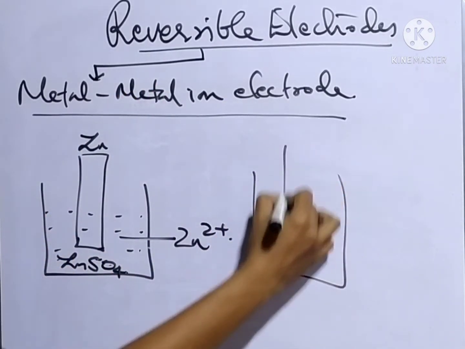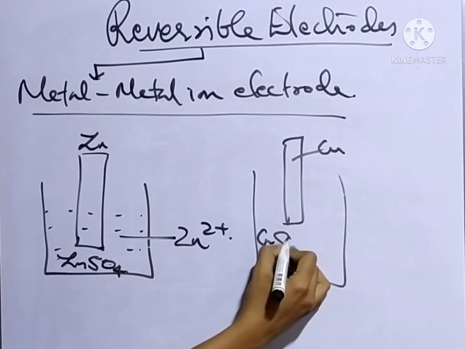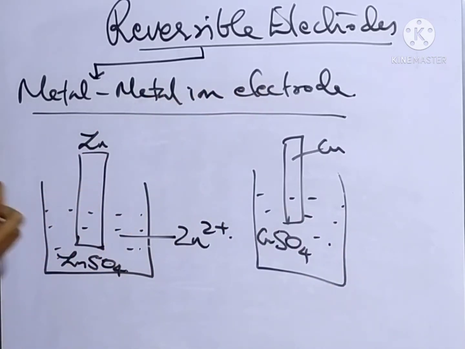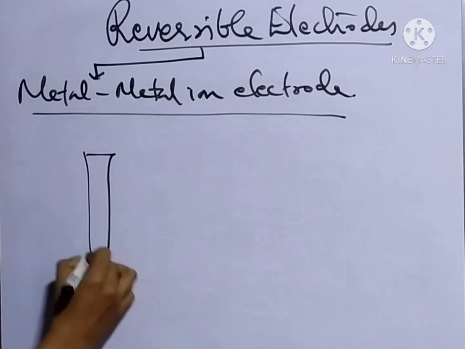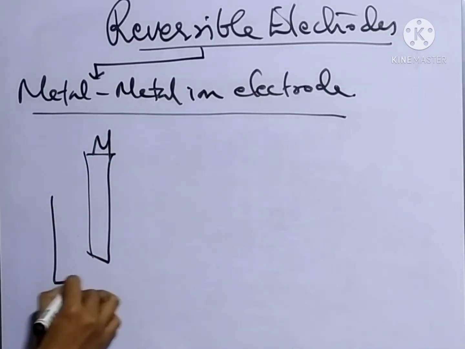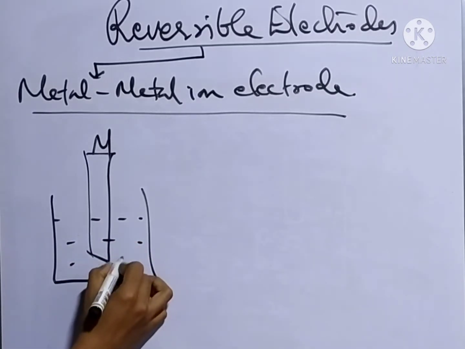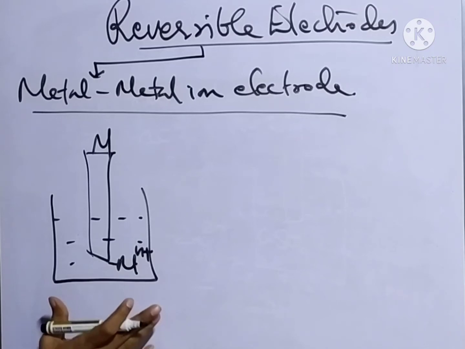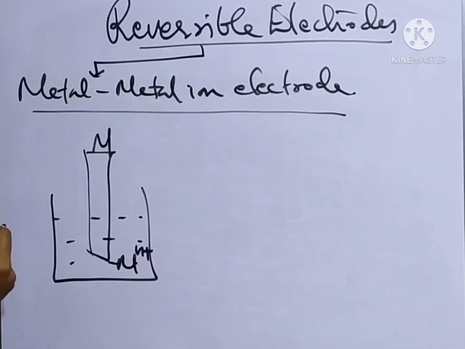And a copper rod dipped in copper sulfate solution, CuSO4, is also an example. So generally we can say a metal rod M dipped in an electrolyte containing Mn plus can be classified as a metal ion electrode.